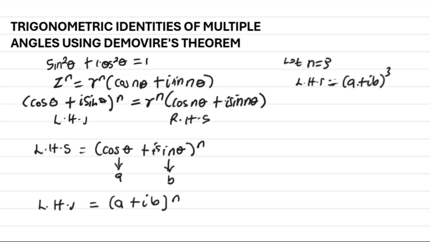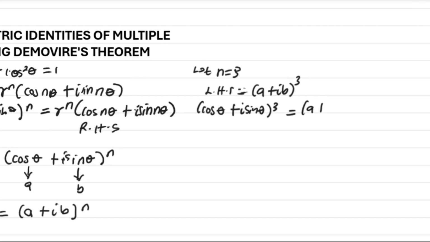But don't forget that the left hand side is cos theta plus I sine theta raised to power 3. So cos theta plus I sine theta raised to power 3 will give us A plus IB raised to power 3.